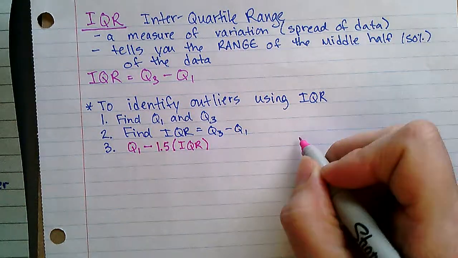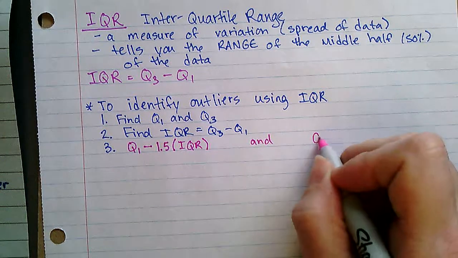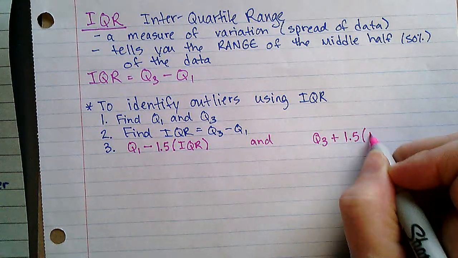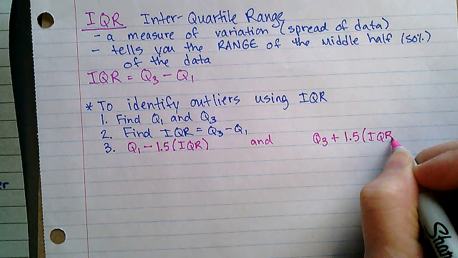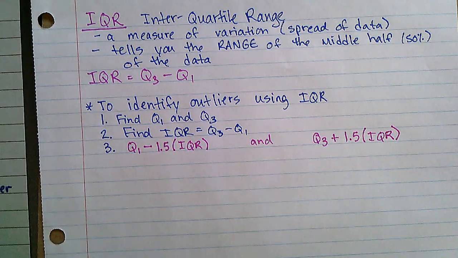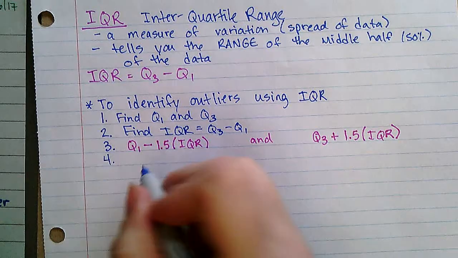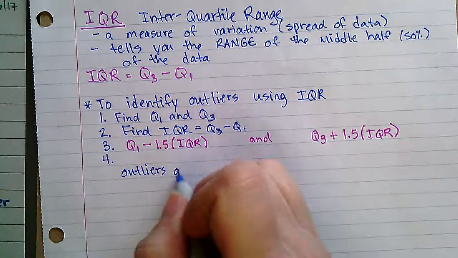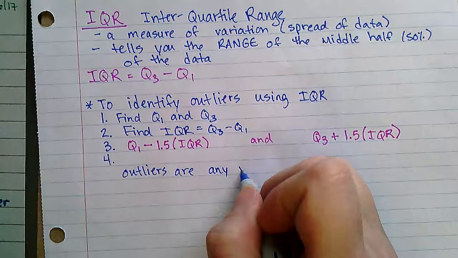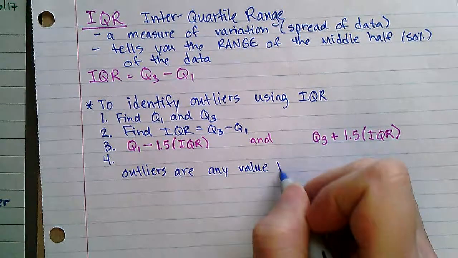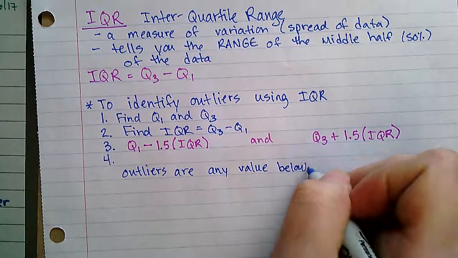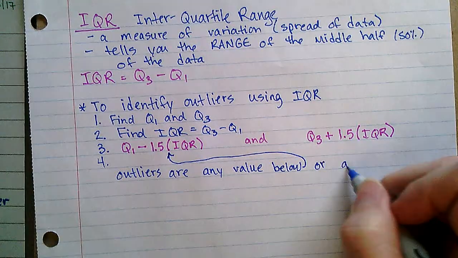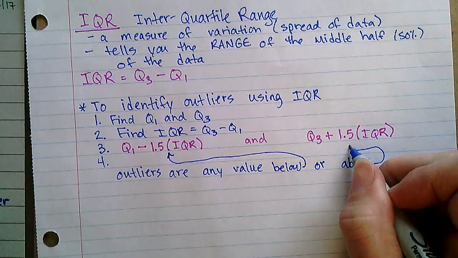And then we're going to calculate Q3 plus 1.5 times IQR. And then the outliers are any value below this number or above this number.